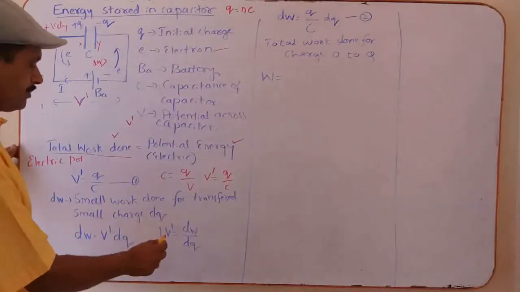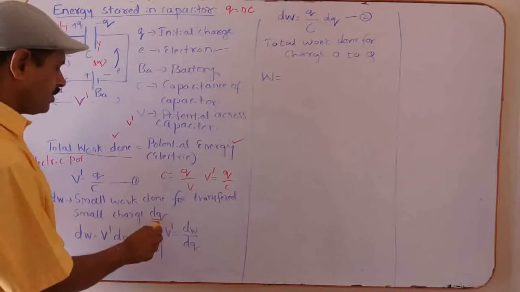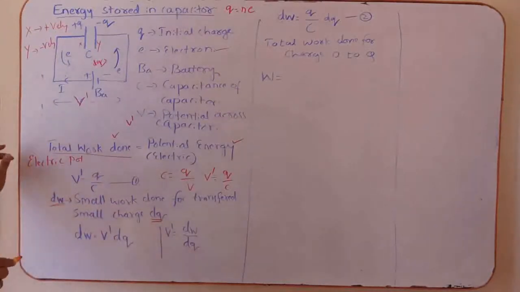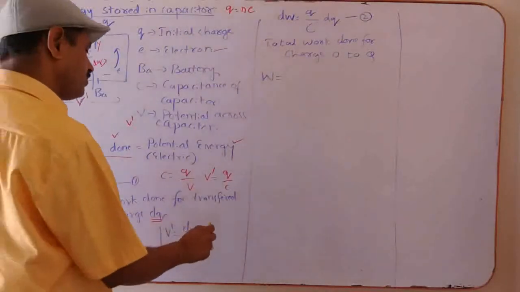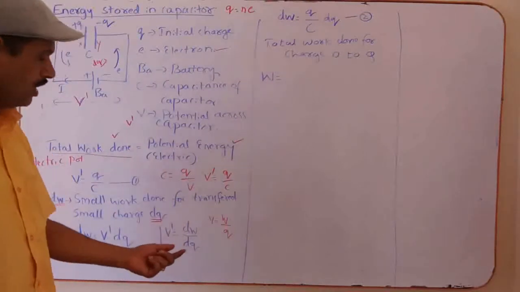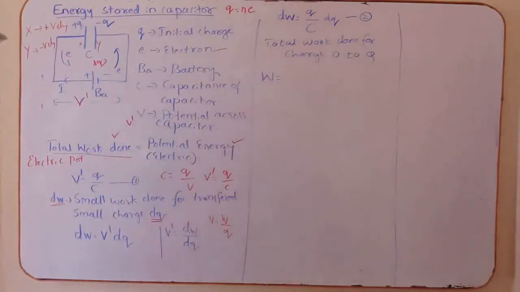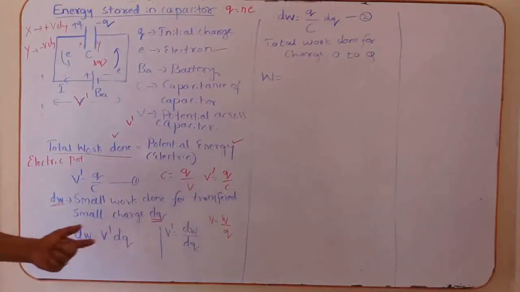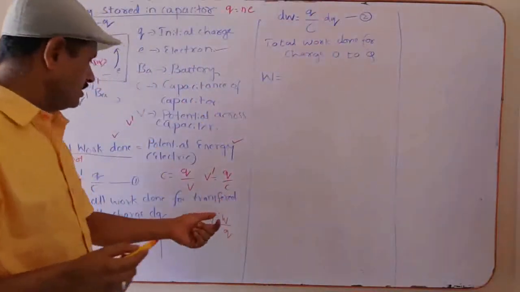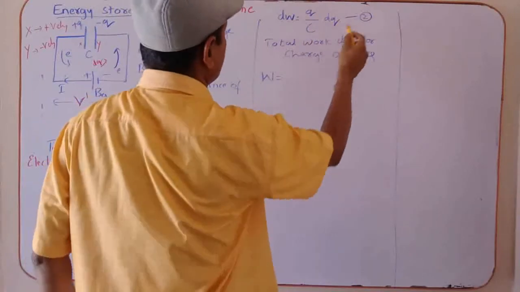Because dq is the small amount of charge transferred, and dW is the small amount of work done. According to the definition of the potential, work done divided by charge, small work done divided by small charge. Now dW is equal to V dash into dq, which is Q by C into dq.